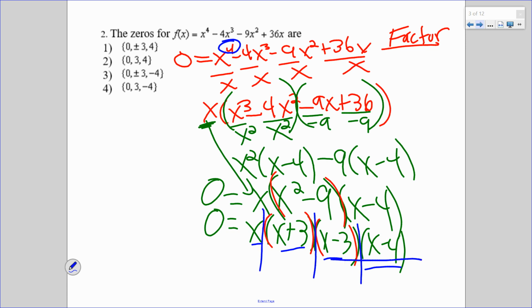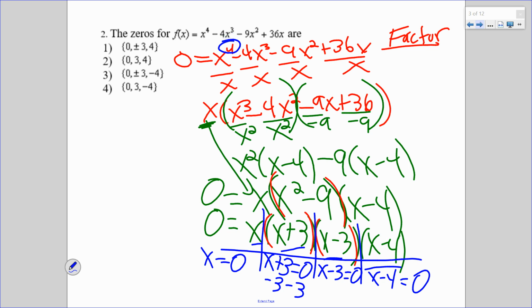I set each factor equal to 0. X equals 0. X plus 3 equals 0. X minus 3 equals 0. X minus 4 equals 0. Minus 3, plus 3, plus 3, plus 4, plus 4.